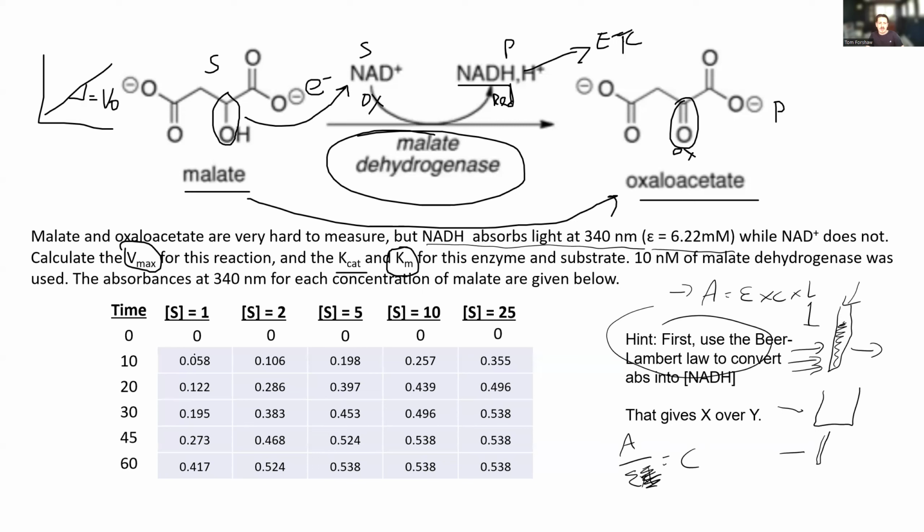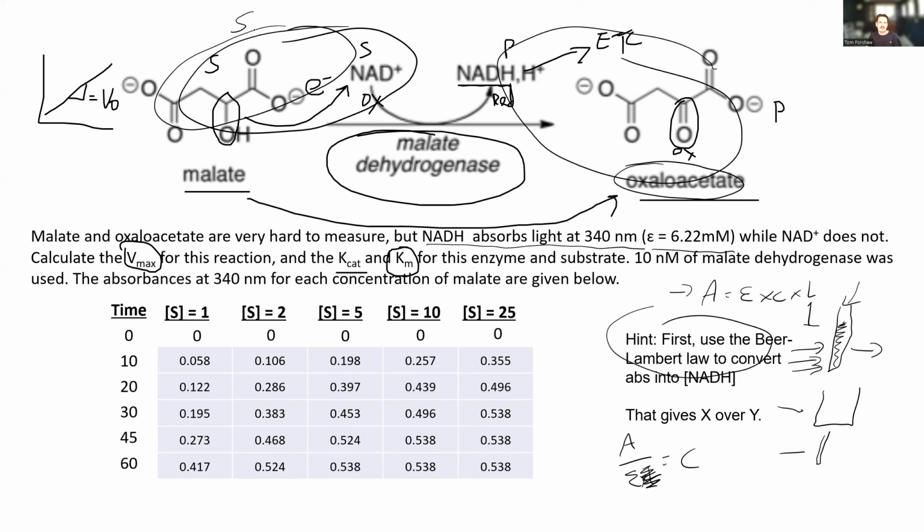So we can use the Beer-Lambert law, and we can measure the changing concentration of NADH over time as a proxy for the enzyme overall, because this is product and this all is substrate.